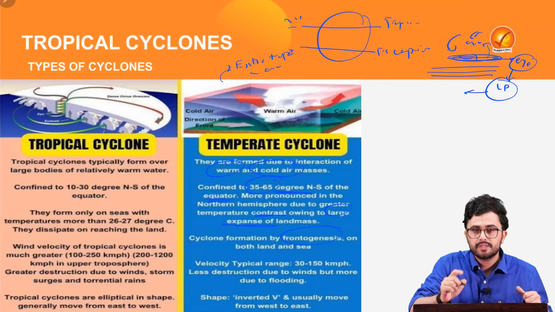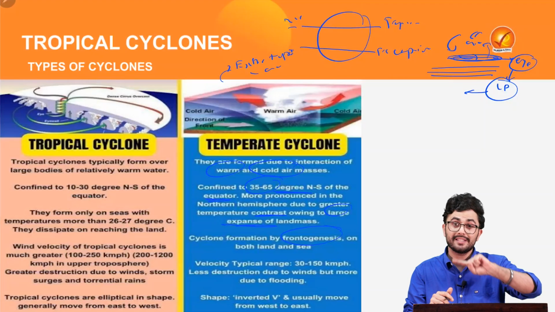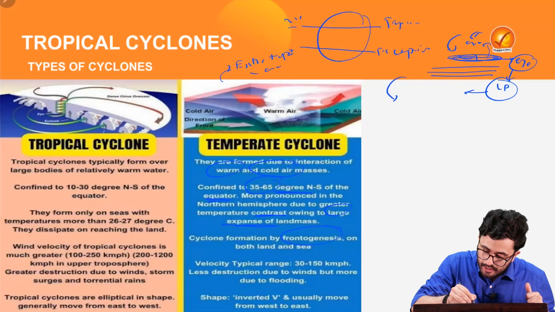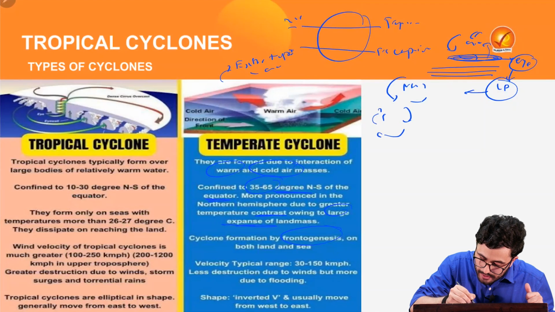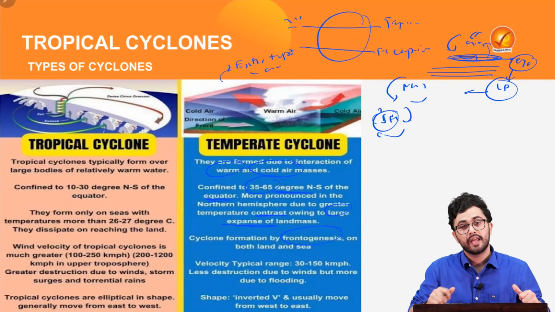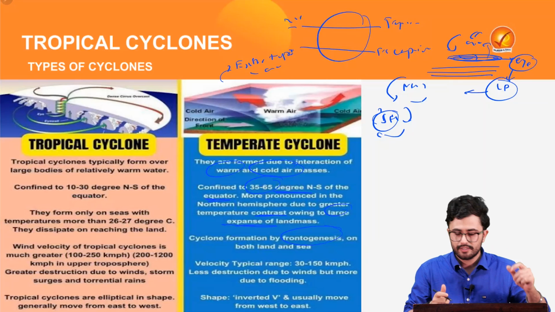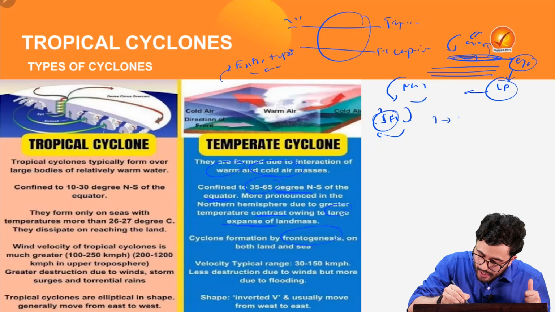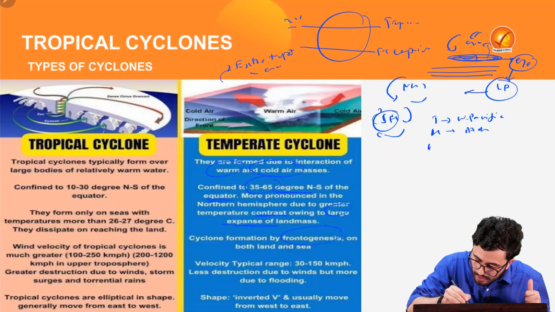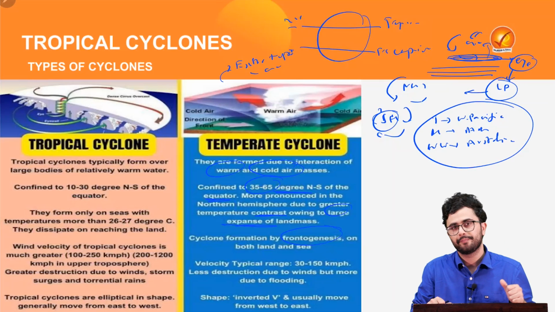And this inward spiraling of wind takes place anti-clockwise in the northern hemisphere and clockwise in the southern hemisphere. These tropical cyclones are known by various names such as typhoon in the Western Pacific, hurricane in the Atlantic, and willy-willies in the region of Australia.